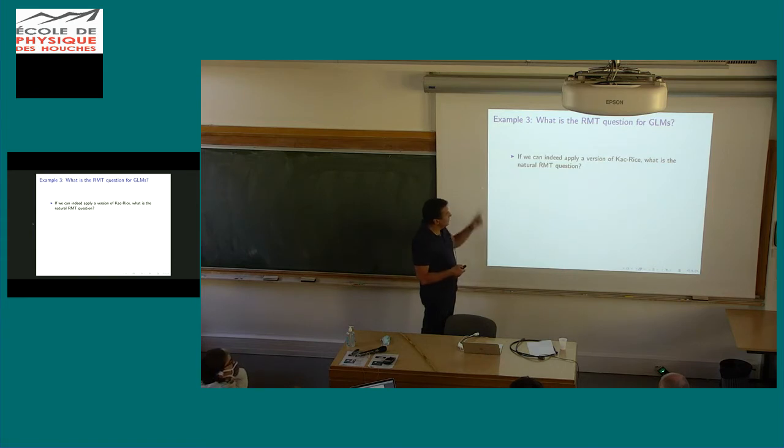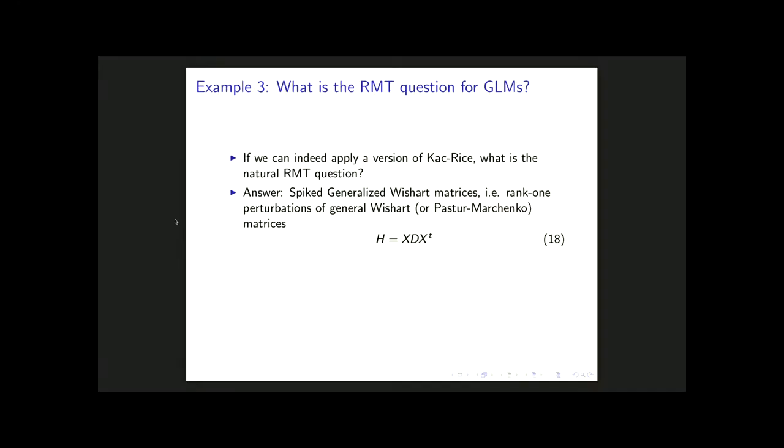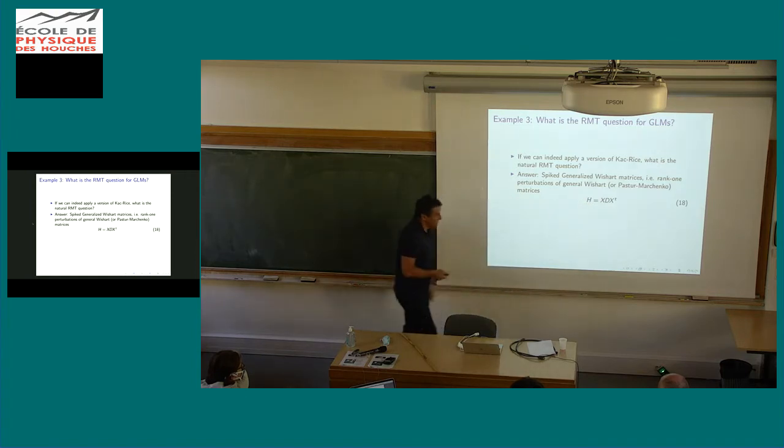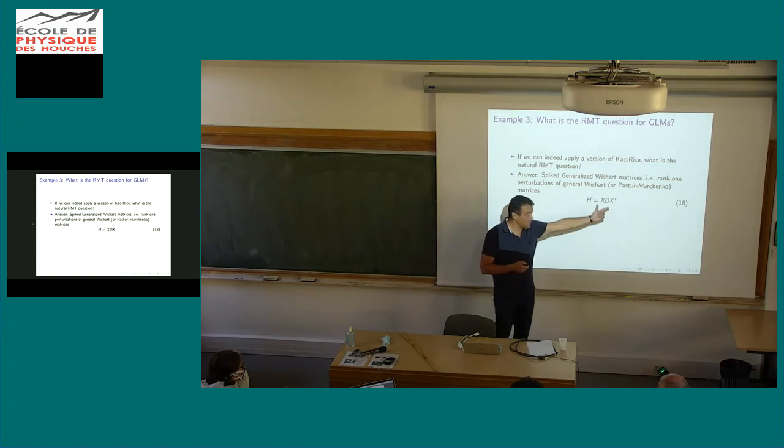And so what is the random matrix question that you get to when you use this dictionary? It's, of course, now no longer a GOE, but spiked Wishart matrices. So I write them like this, or Pastur-Marchenko. Unfortunately, Alice keeps saying she doesn't like Wishart matrices. This is, in fact, equivalent to what she was doing, but she wrote it the other way around, right?